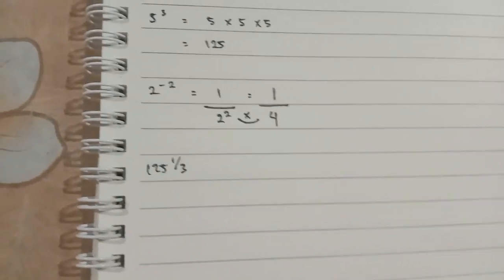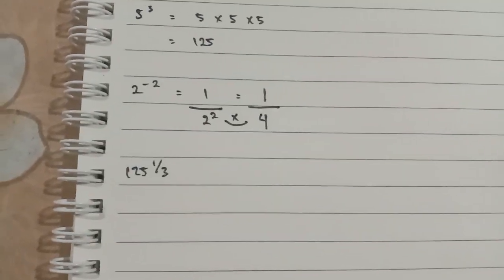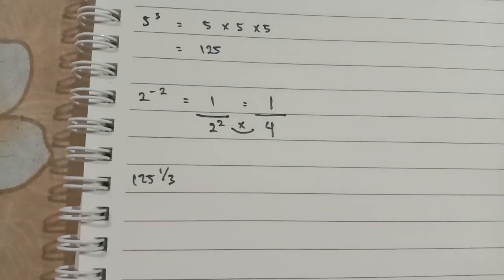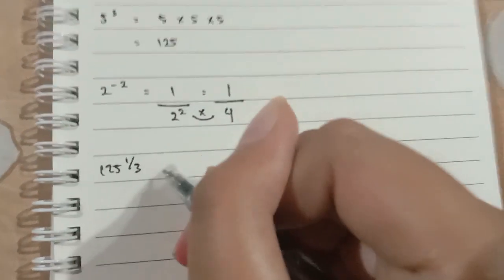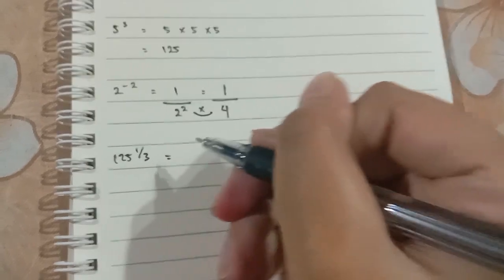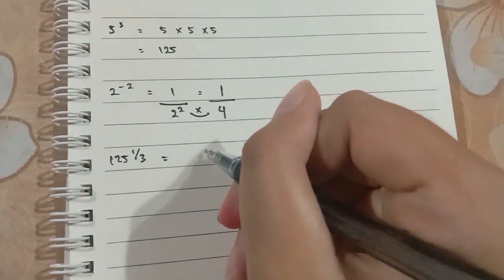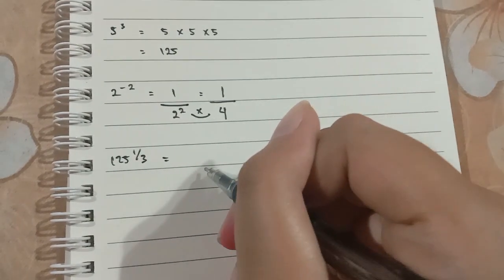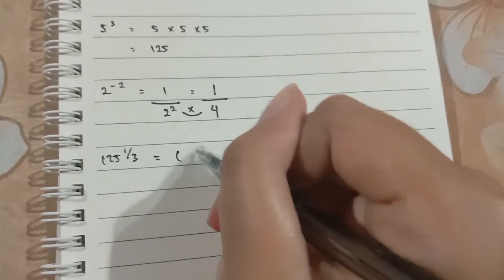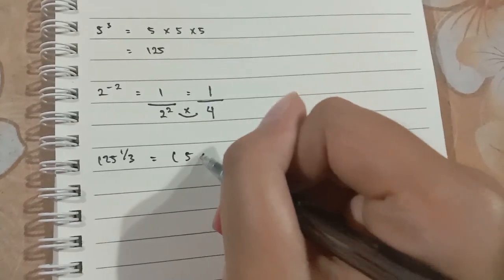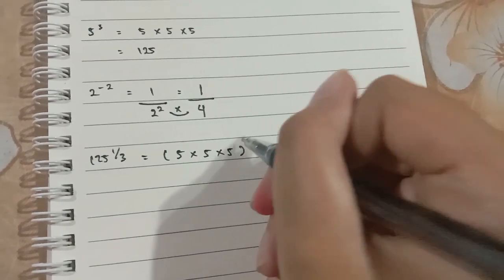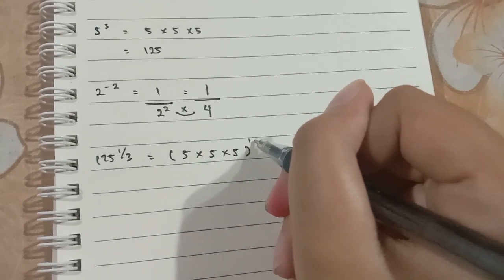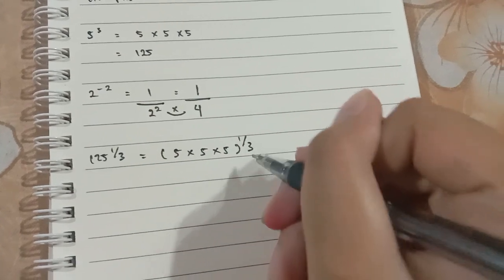And the last is 125 to the index 1 divided by 3. It's going to be open bracket 5 times 5 times 5 close bracket to the index 1 divided by 3.